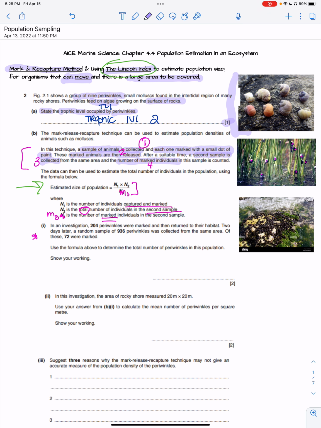Okay, so in an investigation, 204 periwinkles were collected and then marked, and then they were returned to their habitat. All right, 2 days later, they took another random sample of 936, and of that 936, 72 had that original mark. And so we're going to apply it to our formula.